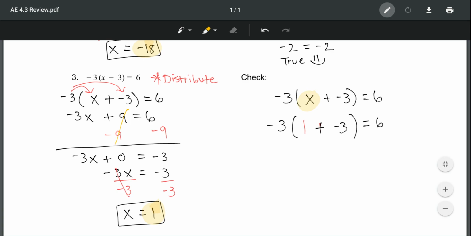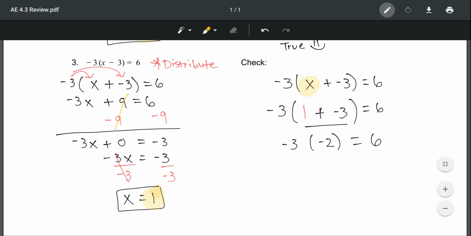You can use order of operations and add 1 plus negative 3. That's negative 2. So then you have negative 3 times negative 2, and we're verifying that that equals positive 6. Negative 3 times negative 2 would be positive 6 equals 6. So that means we solved correctly.